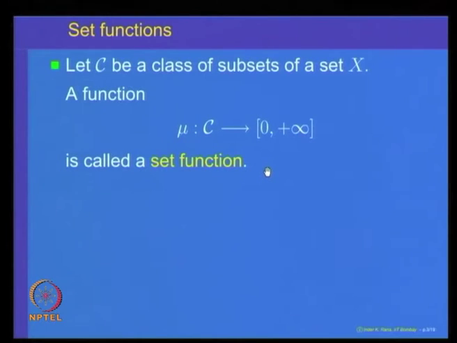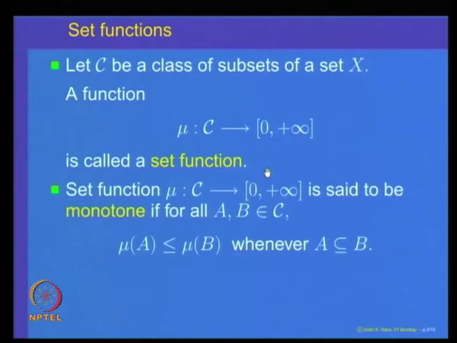Next, we will be analyzing some special properties of such functions. So, let us define a set function mu, where C is a collection of subsets of a set X and the range is 0 to plus infinity, the non-negative extended real numbers.